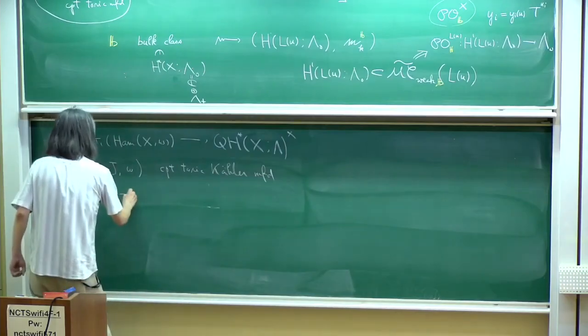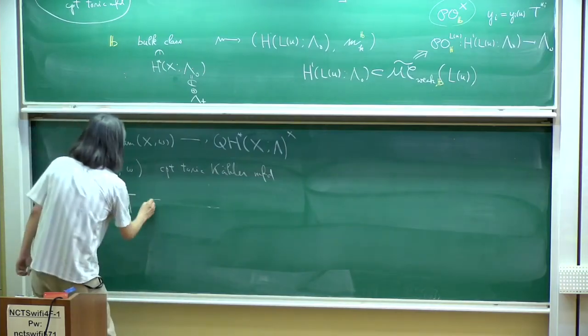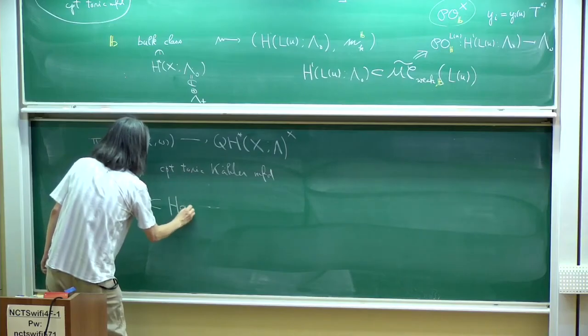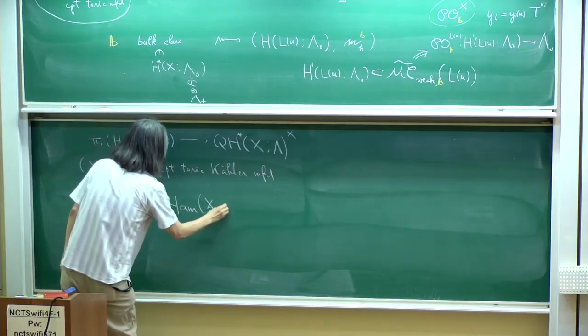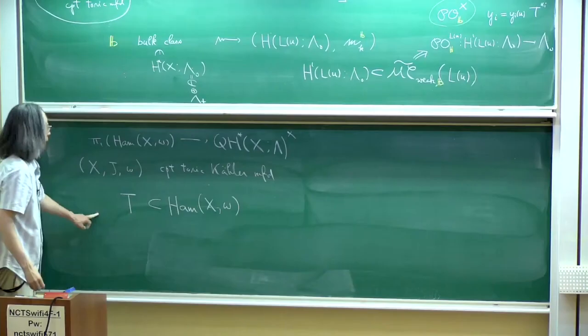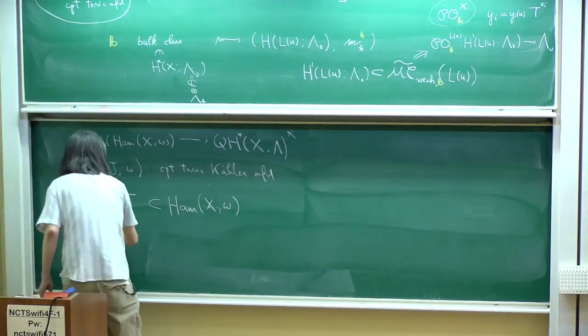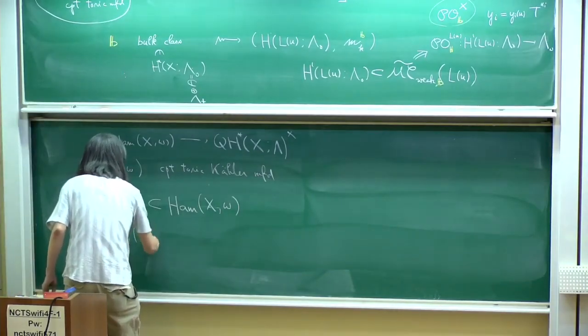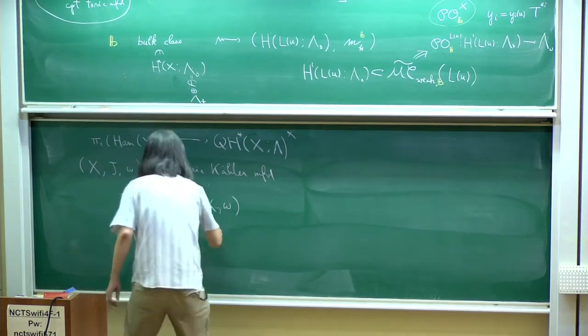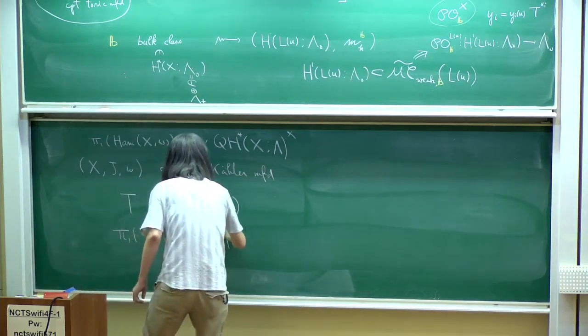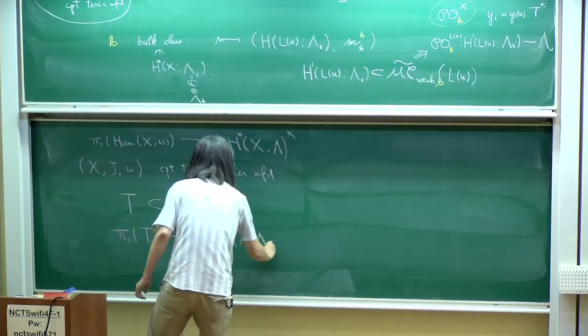Then certainly the torus group is contained in here. So therefore, you can have this pi 1 of T going to this quantum cohomology of X lambda, something like this.